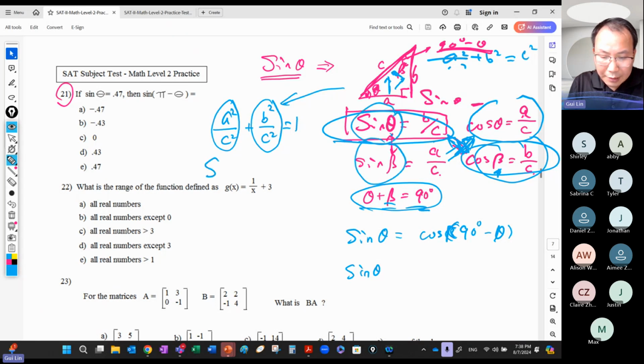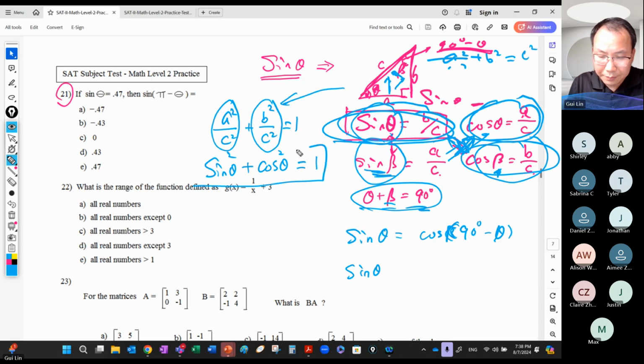So sine theta squared plus, this one is cosine beta, cosine beta equals cosine theta, squared. So equals 1. So you can see this square plus this square equals 1. A relationship like this.